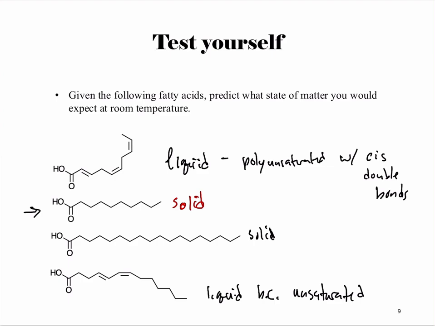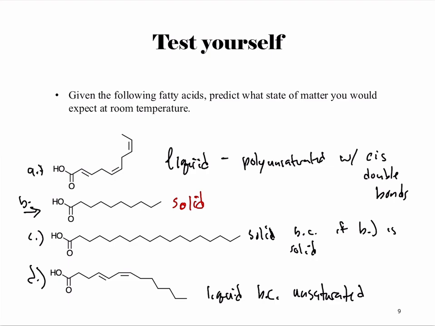And so this was solid because, if I put A, B, C, D, if B is solid, yeah, that one's also polyunsaturated, but one of them has a trans configuration for the double bond, and the other has a cis configuration for the double bond, which is why it doesn't bend as much.